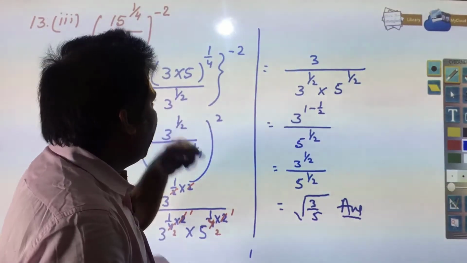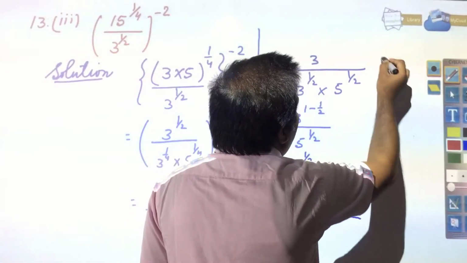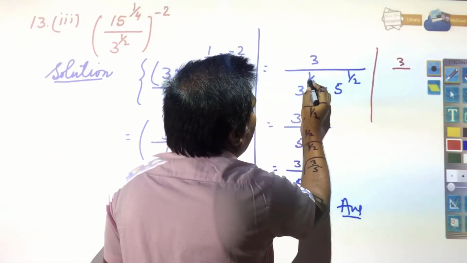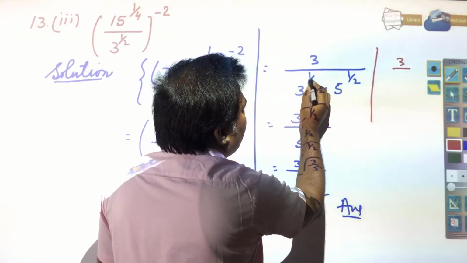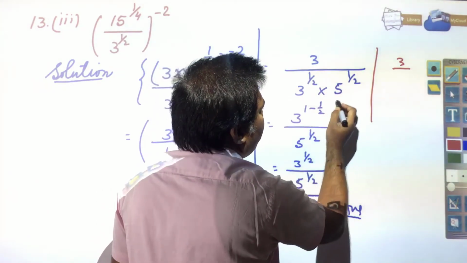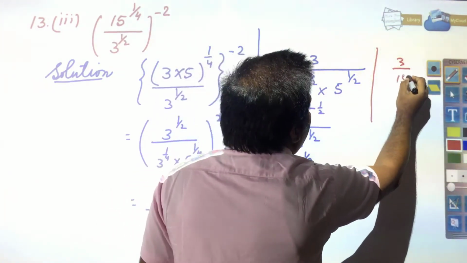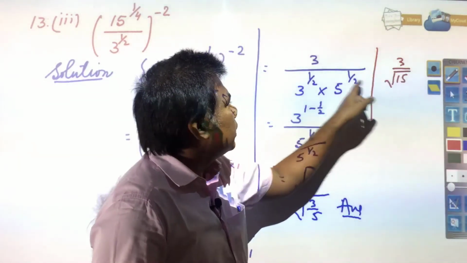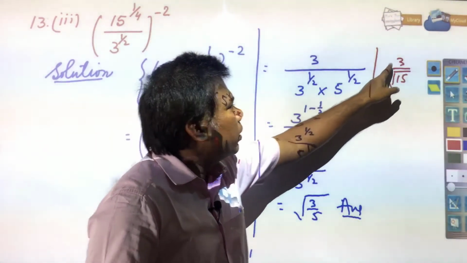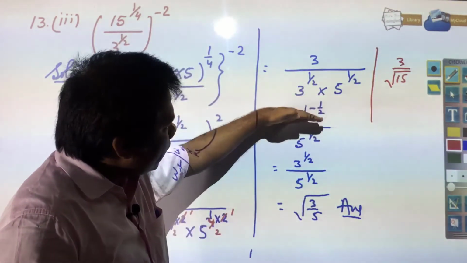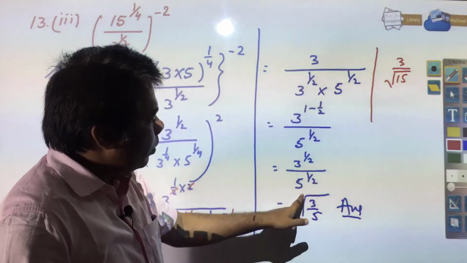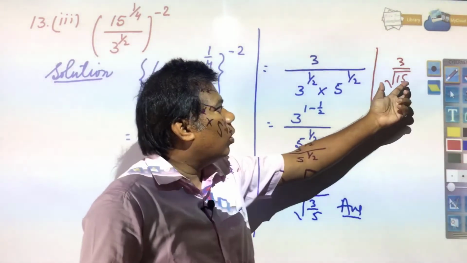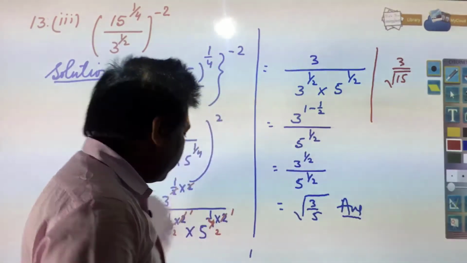Here in the book, the answer has been written as 3 to the power 1 by 2 into 5 to the power 1 by 2, which can be written as root 15. You can solve only up to here and write this answer, or further if you want to simplify, your answer would be root under 3 by 5. Either you write this answer or this answer, both are correct.